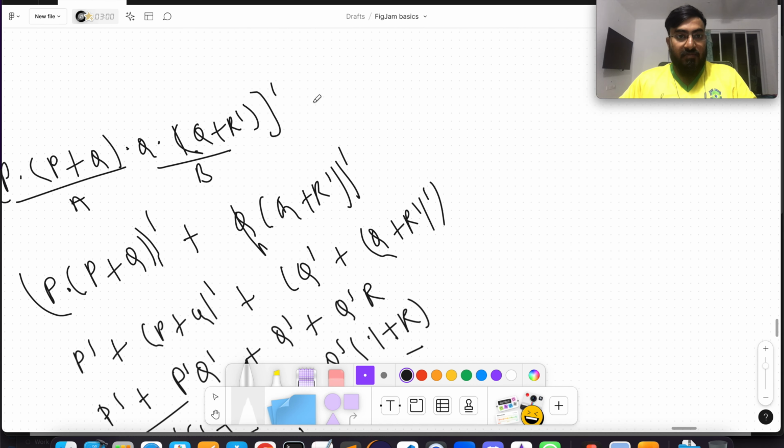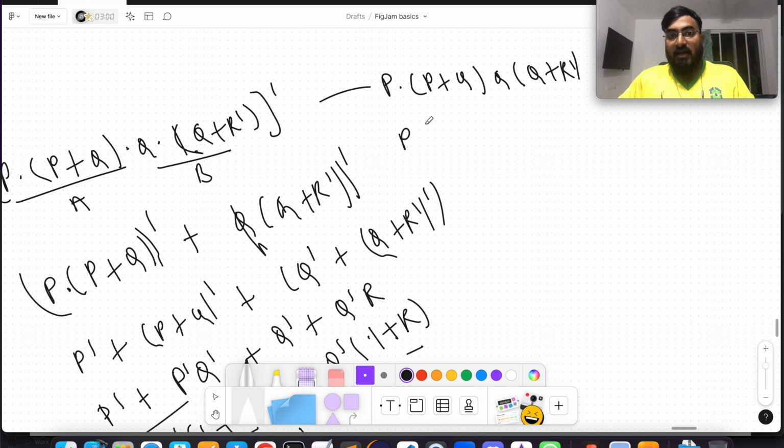In order to verify this, you can solve it directly. You can say this is p dot (p plus q) into (q plus r bar). So p goes inside, it becomes p dot p, which is p, plus pq. Then q goes inside, q dot q is q, plus q r bar.